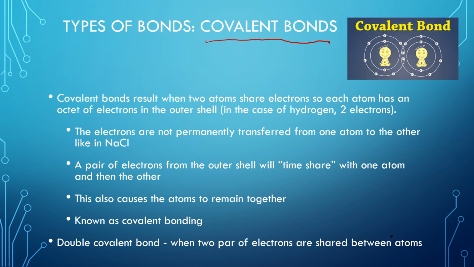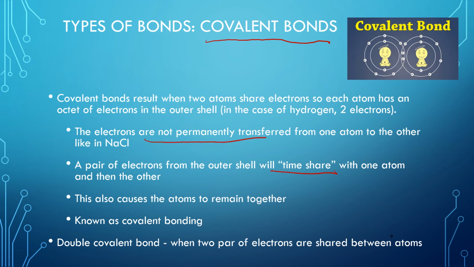In this case, the atoms aren't strong enough in terms of their ability to pull an electron away. But these atoms still want to have that filled outer shell of electrons. So what they do is they share their electrons. So the important difference between an ionic and a covalent bond is that in covalent, the electrons are not transferred, but they are shared.